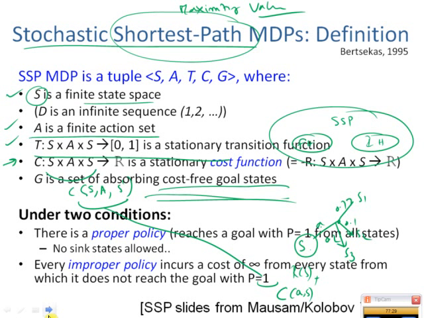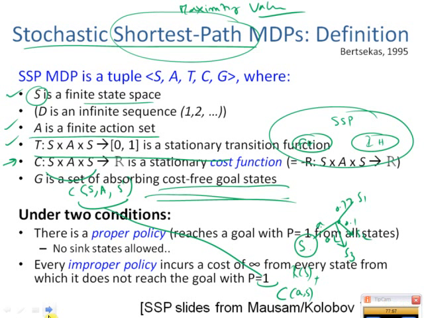Okay, have you seen improper policies? Remember, your priests were unhappy because you tried to avoid the goal states. Do everything to avoid the goals, because life is so good that you don't want to actually reach either the good goal state or the bad goal state.